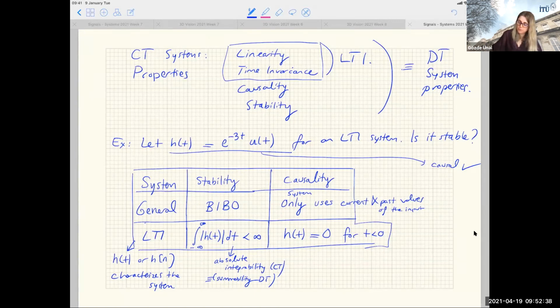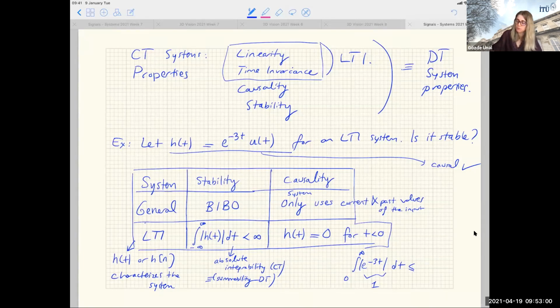So let's see. That's e to the minus 3t. U of t is just 1, but it goes from 0 to infinity dt, right? Actually, this is less than or equal to 1 always. Can I say it in this way? No, it won't be possible like that.